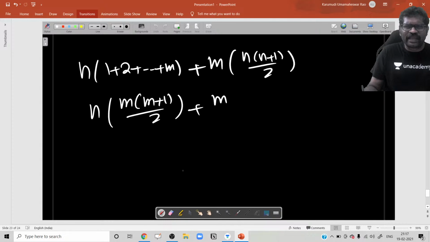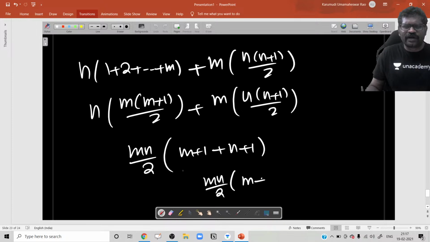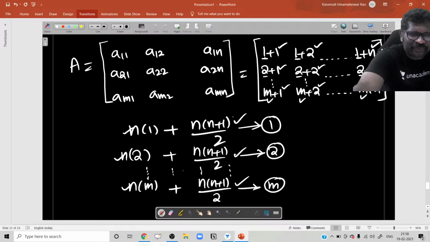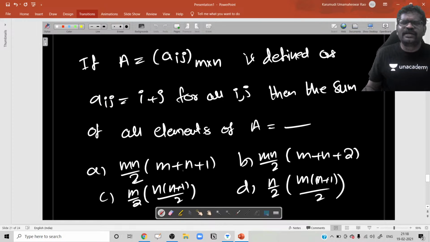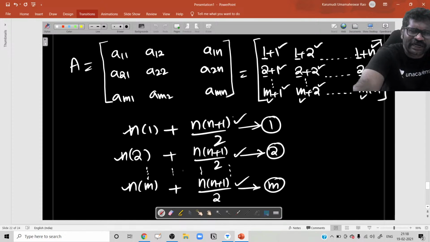So here m of n into n plus 1 by 2. If you take mn by 2 common, m plus 1 plus n plus 1. That is mn by 2 of m plus n plus 2. Final answer is mn by 2 of m plus n plus 2. This is the approach if you would like to solve directly. Suppose if you use the options, you will get the answer very easily.